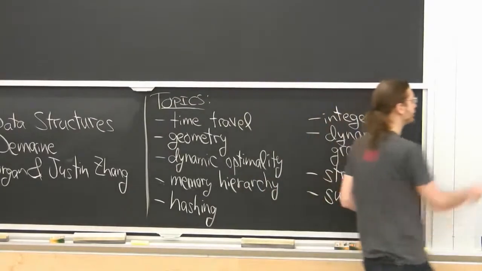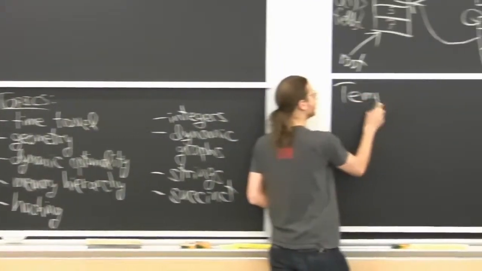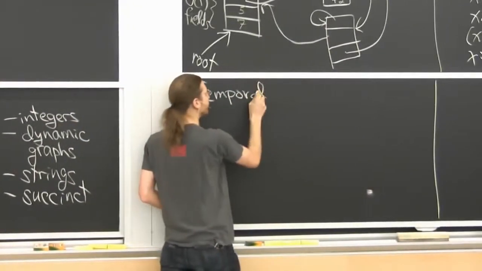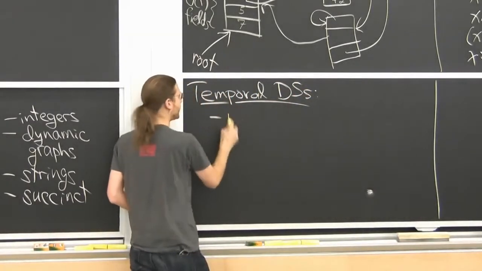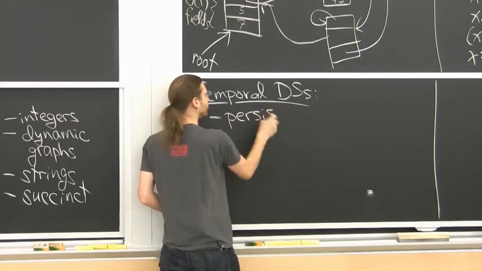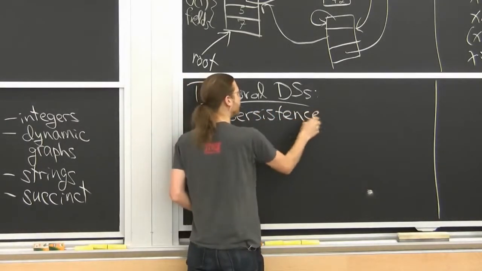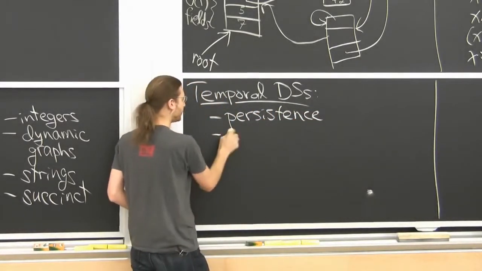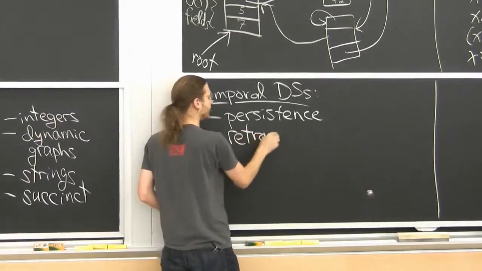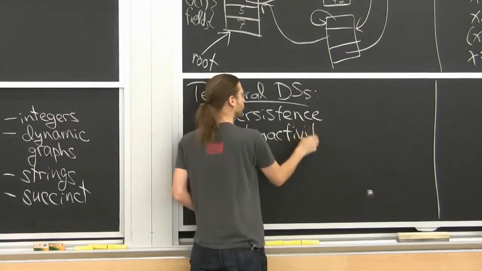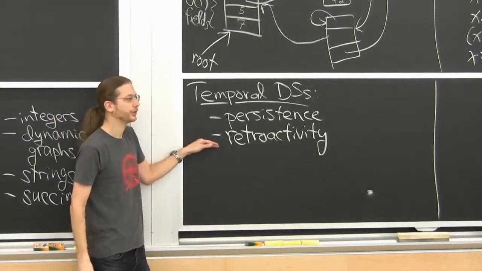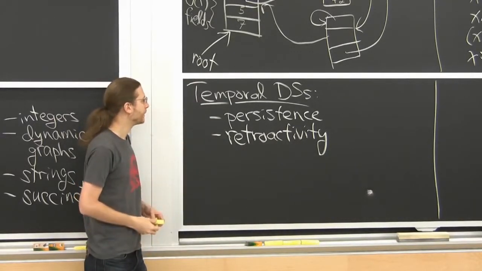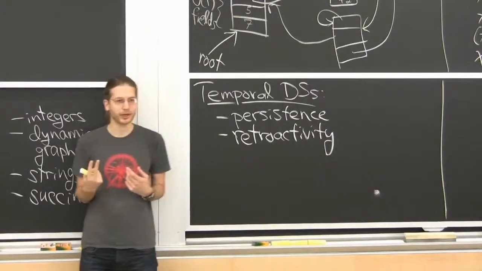There's two senses of time travel or temporal data structures that we're going to cover in this class. The one for today is called persistence, where you don't forget anything, like an elephant. And the other one is retroactivity. Persistence will be today. Retroactivity is next class. Basically, these correspond to two models of time travel.